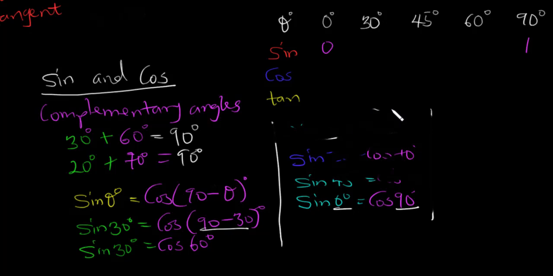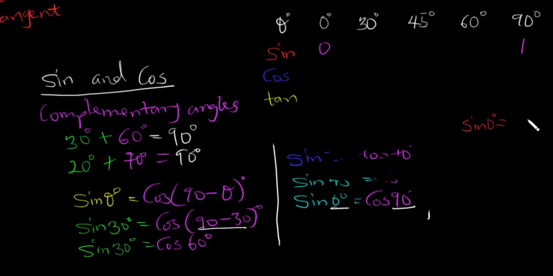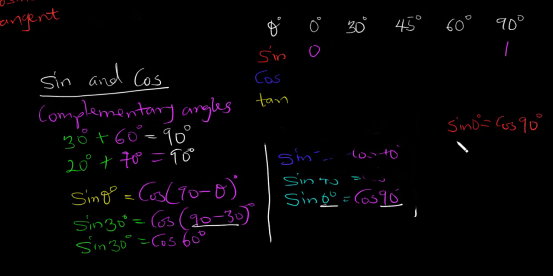Alright, so now let us go on with what I'm saying here. I have said that the first two angles you have to remember are sine 0 and sine 90. So right from here, I can also find the cos of 0. Sine 0 degrees is the same as cos 90 degrees, because 0 and 90 add up to 90 degrees.